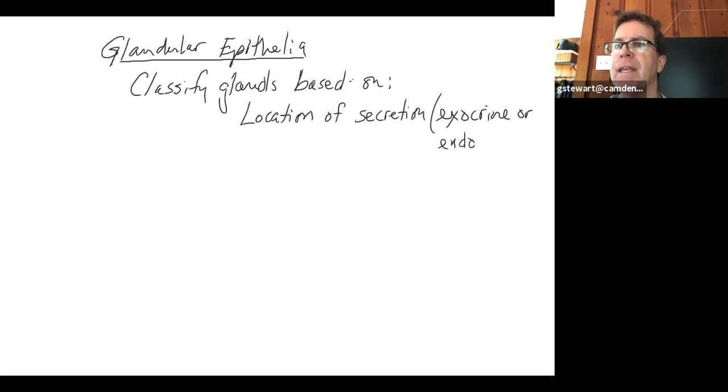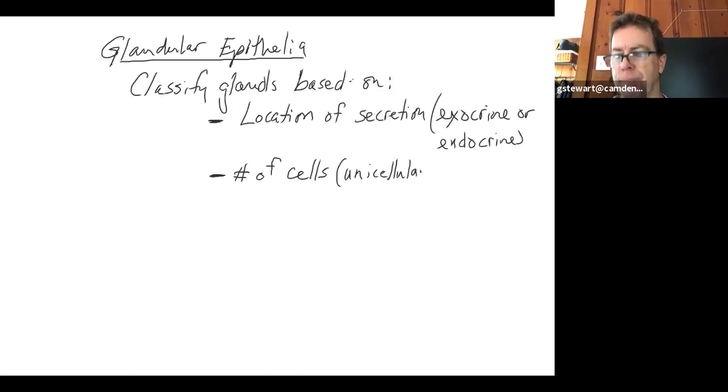That's an N, E-N-D-O-C-R-I-N-E. So the first classification criteria is location of secretion. Usually the other criteria is number of cells. And we call the gland either unicellular if it has one cell, or multicellular.